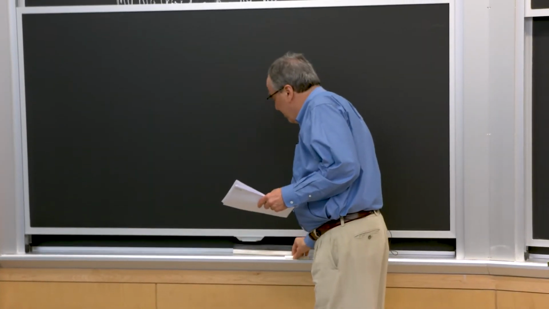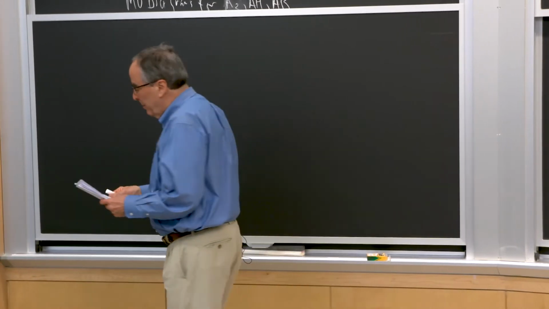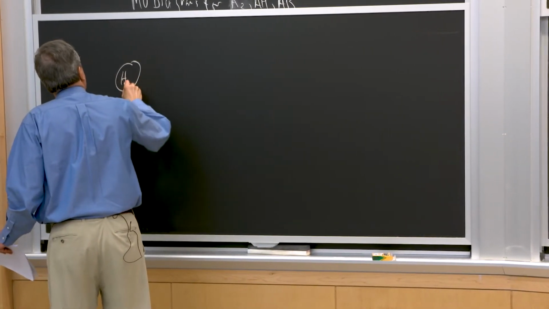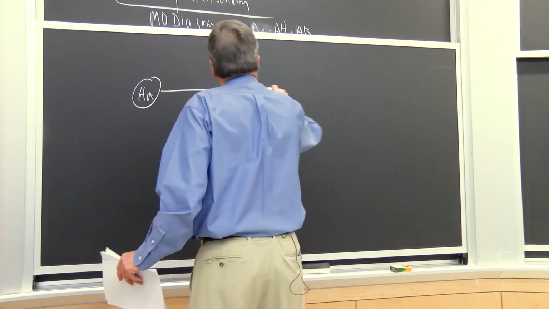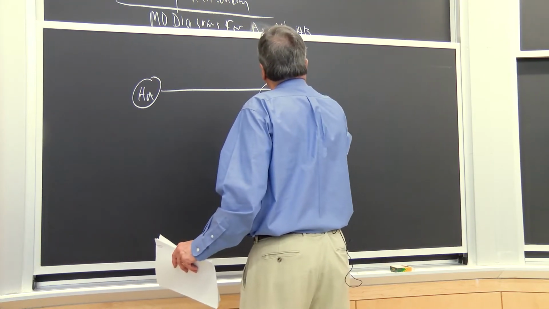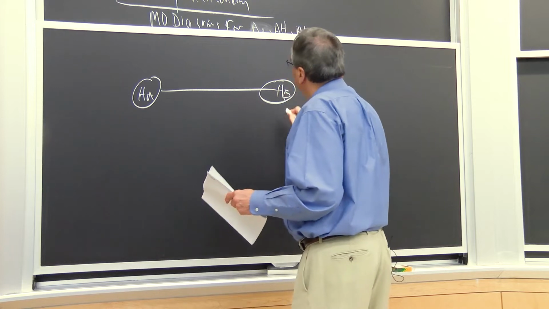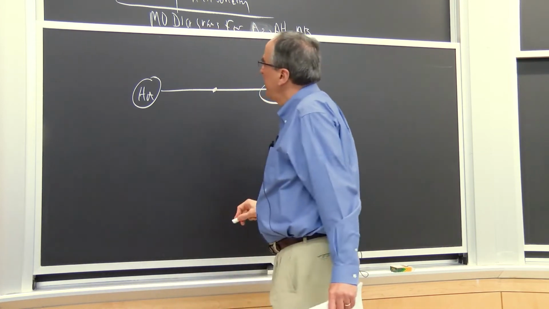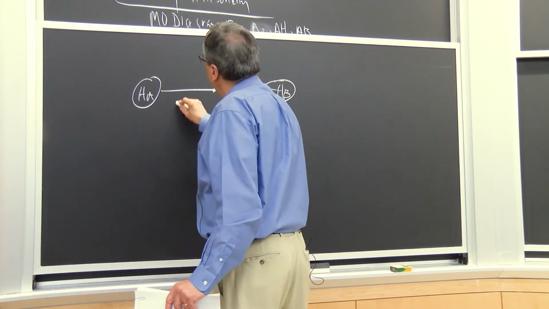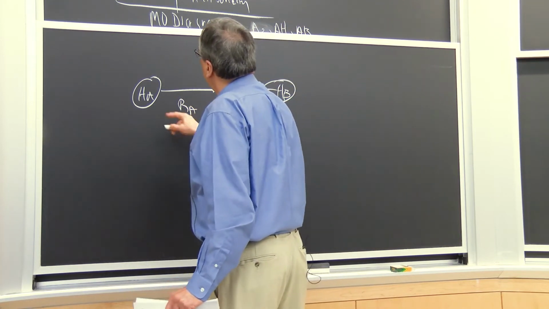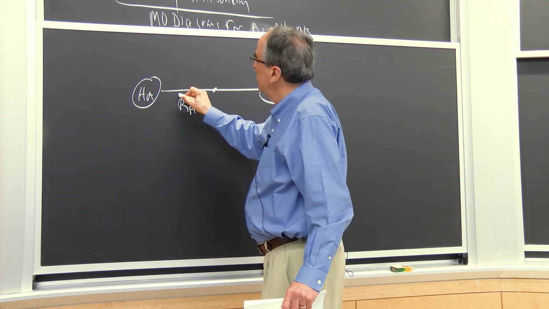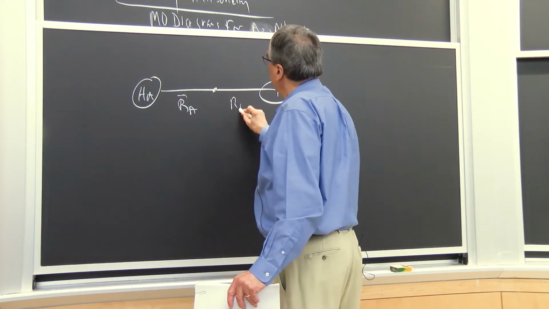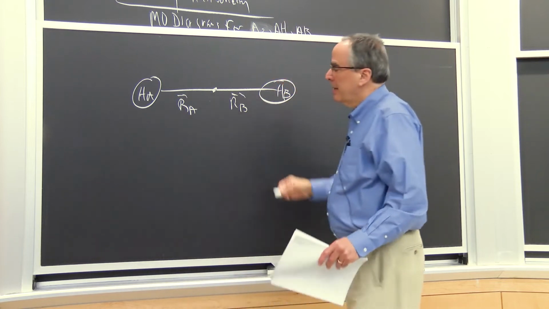Okay, so what we have to do first is to look at a coordinate system. So we have one hydrogen nucleus, another one. There's a center of mass, and so we say we have RA, the distance, this vector from the center of mass to this, and RB, like that.